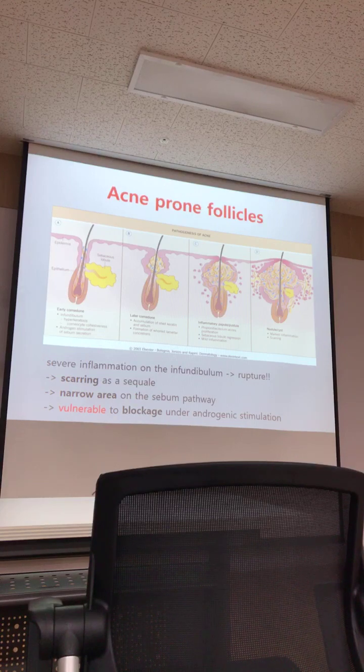So we can understand the pathologic changes of acne. This is the early stage of acne. There is sebaceous hyperplasia, which makes many sebums, and the large amount of sebum makes obstruction, and P.